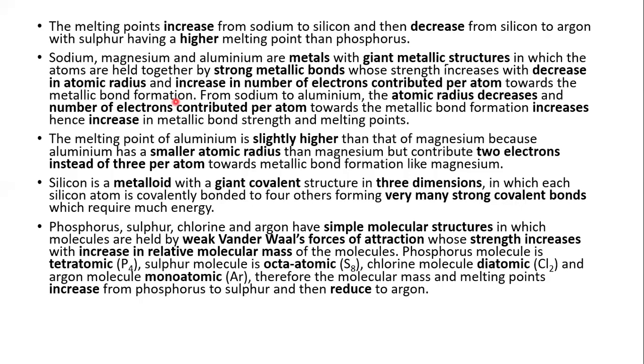That's basically the description of this. So phosphorus is tetraatomic, sulfur is octatomic, chlorine is diatomic, and therefore the molecular masses and melting points increase from phosphorus to sulfur, then reduce to argon. You get all your marks.